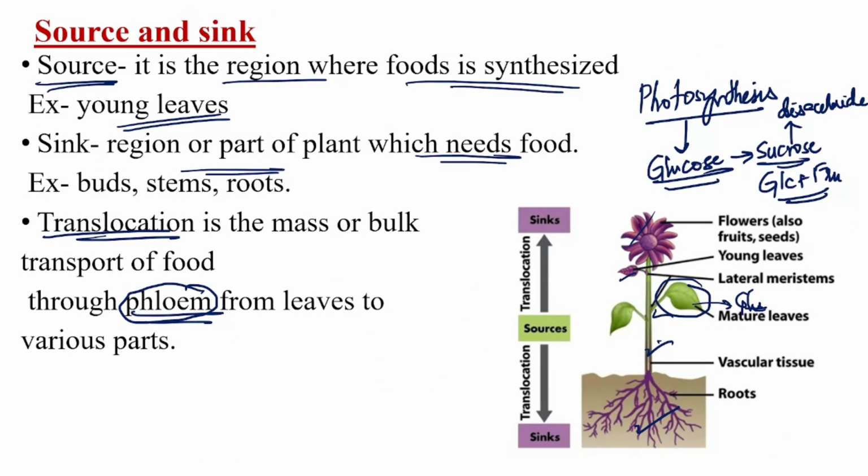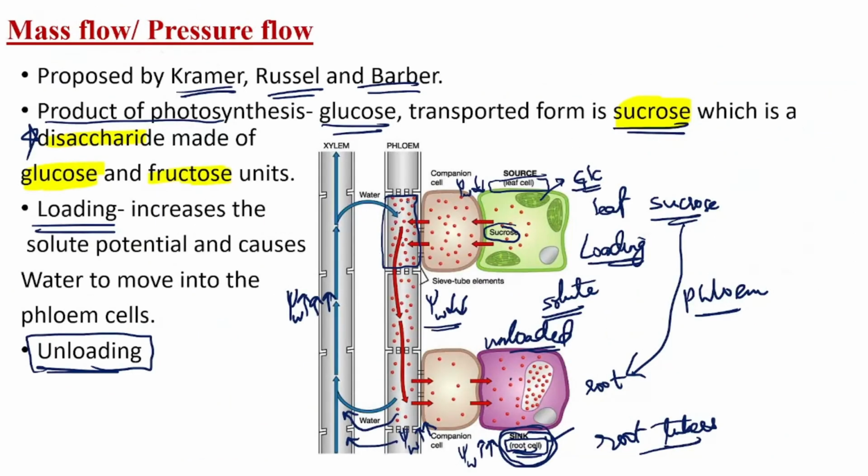To understand that, first we need to understand what the source is, what the sink is, and the main transported form of sugar, which is sucrose. Then we discussed that the mass flow or pressure flow theory explains it. Why is it called mass flow? Because the solute molecules are moving in bulk, not a single molecule moving. And why is it called pressure flow?